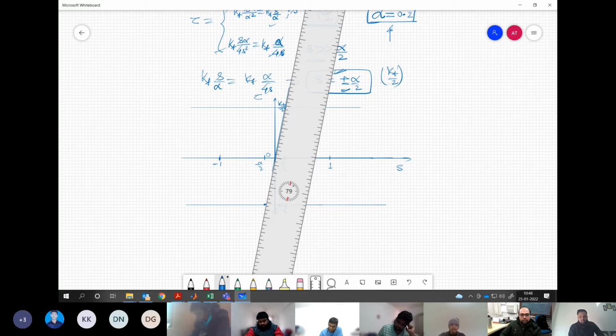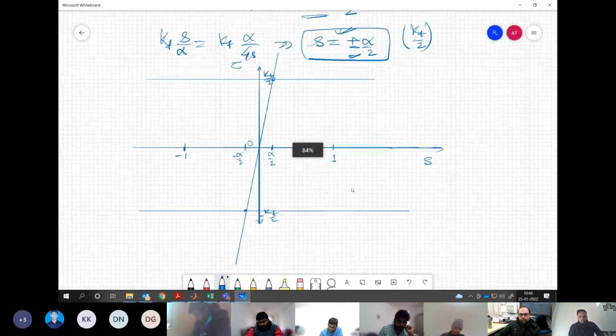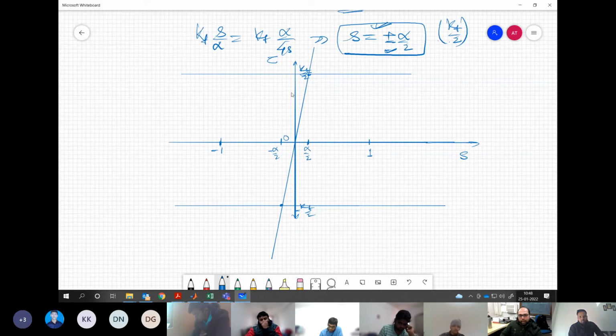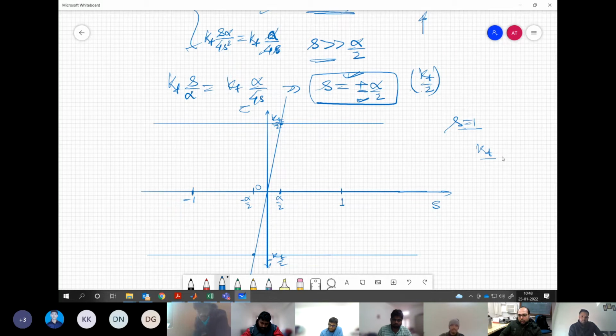Say this characteristic will extend something like this. The other characteristic what you are having is basically a hyperbola, which is again meeting at kt by 2 at this point. And if you check at s equal to 1, the value will be something like kt by something like alpha is say 0.1, sorry 0.2.